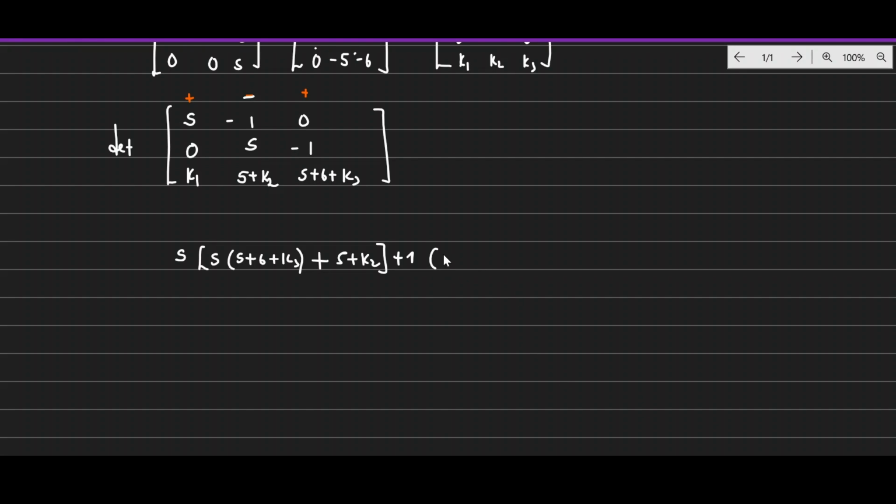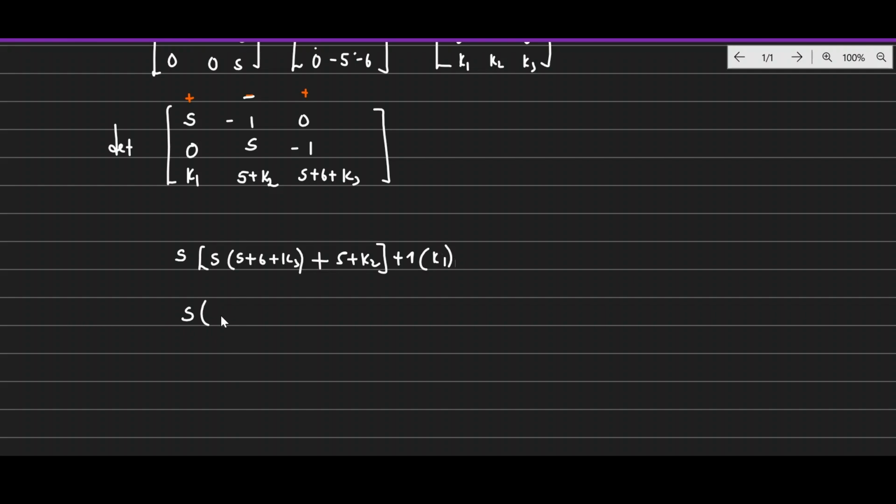So this is just positive k1 here. And then lastly, the last column here, this element is 0 multiplied by the determinant of what you get from here, just 0. So that one won't even bother us. This plus k1.